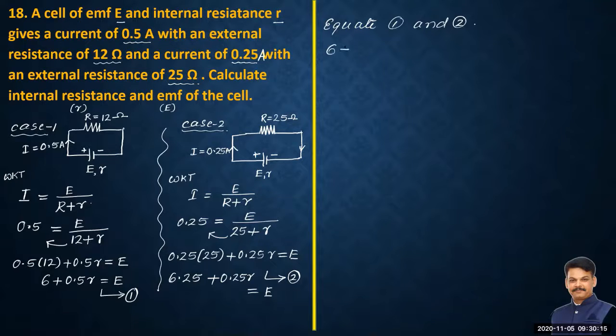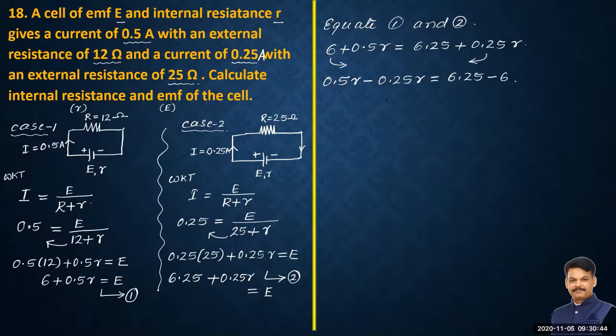Hence it is 6 plus 0.5 into r is equal to 6.25 plus 0.25 into r. Now take the like terms on one side. Yes, 6 is shifted to the RHS, 0.25 r is shifted to the LHS. It is 0.5 r minus 0.25 r is equal to 6.25 minus 6.